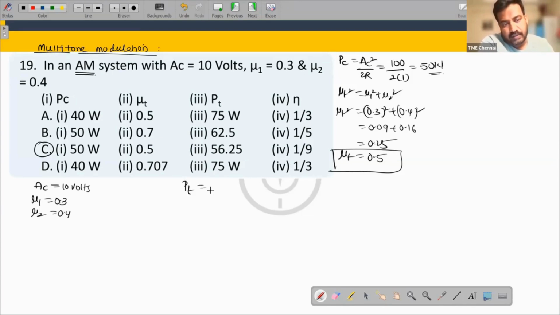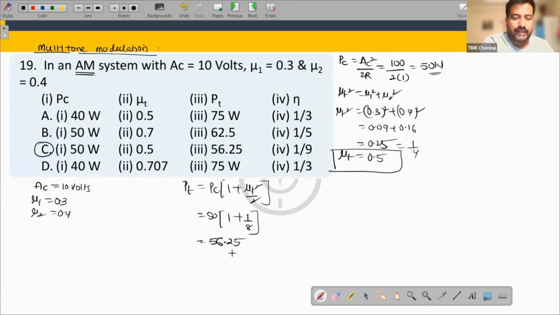PT is PC into 1 plus mu t square by 2. 50 into 1 plus 0.25 is 1 by 4, by 2 is 1 by 8. So this is 56.25.